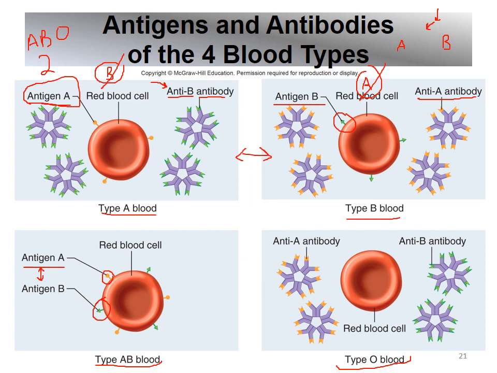When my body looks at it and asks which one I do not have, it's like, oh, you got both of them. That means I have no antibodies because I'm not missing either one. If I go over to type O, I don't have either of the antigens. There's no A and there's no B. Since I don't have either one, I'm going to have both antibodies, an anti-A and an anti-B antibody. Hopefully that makes sense as we're going through this, all right?